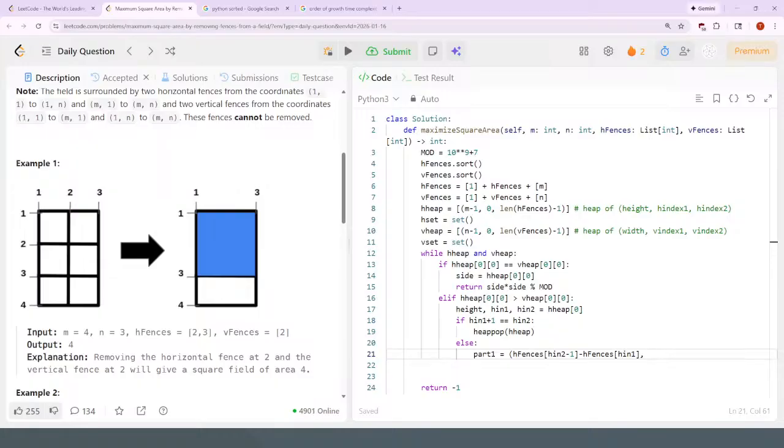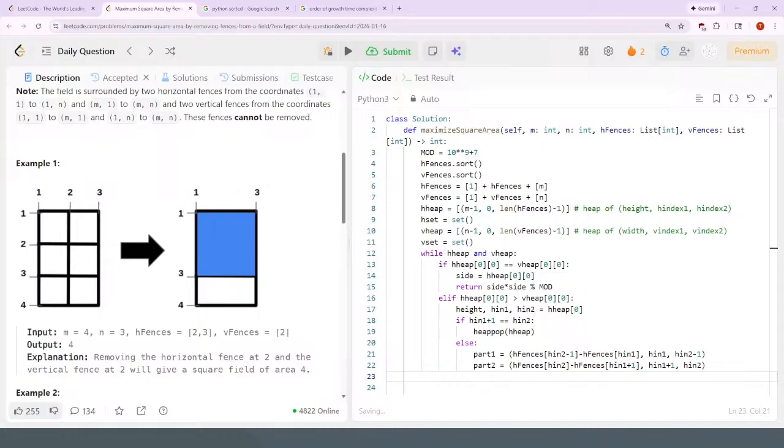That's the difference. And then H index 1 to H index 2 minus 1. Part 2 is going to be equal to H fences at H index 2 minus H fences at H index 1 plus 1. H index 1 plus 1, H index 2.